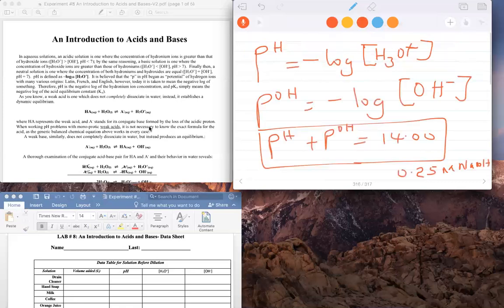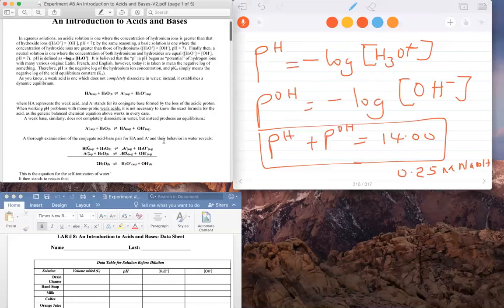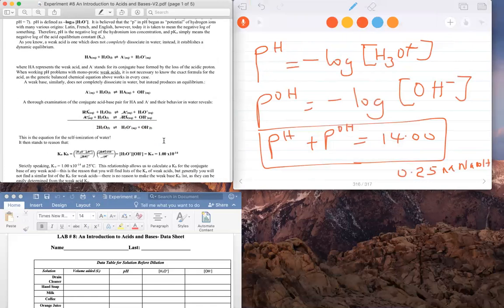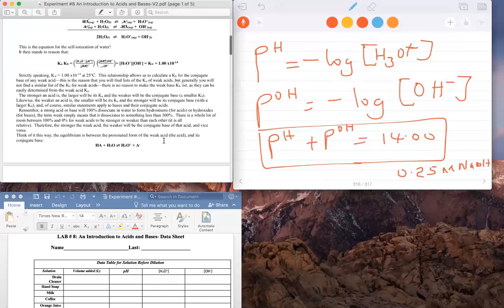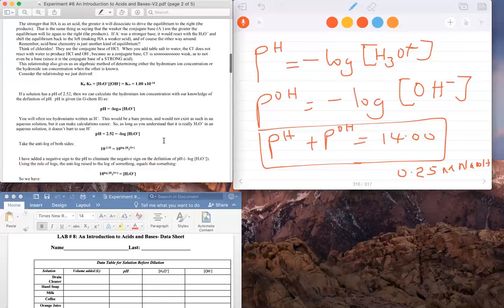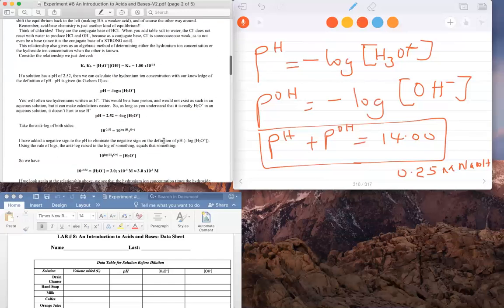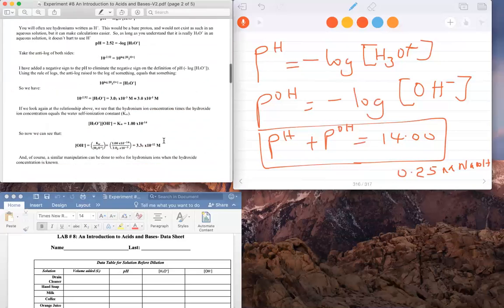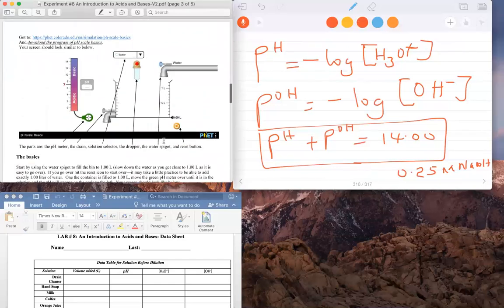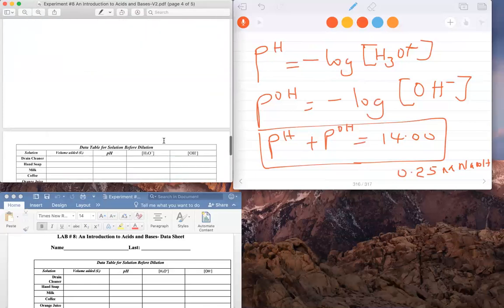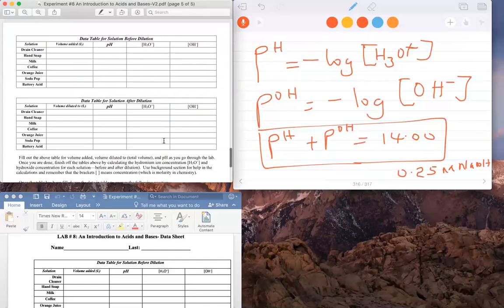Going back to these two equations right here, the way it works for significant figures, and I know when you do the quiz, I don't want you to make a mistake of just going by the values. If you look at a worked example on how to find the pH, there was one example.